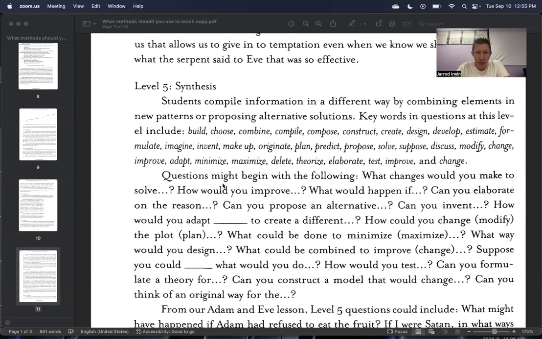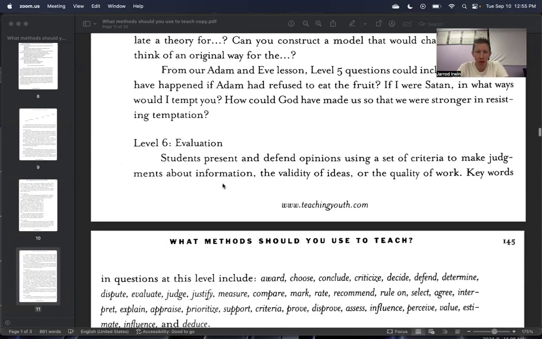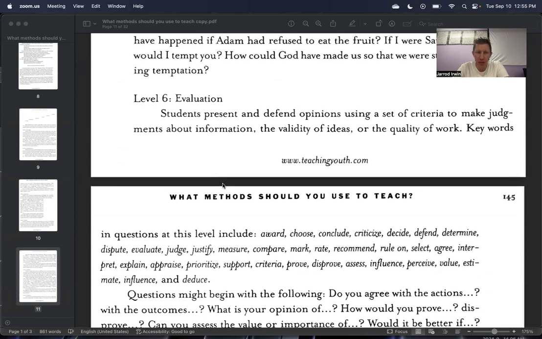Level five, synthesis, which means putting things together. Students compile information in a different way by combining elements in new patterns or proposing alternative solutions. And evaluation: students present and defend opinions using a set of criteria to make judgments about information, the validity of ideas, or the quality of work.